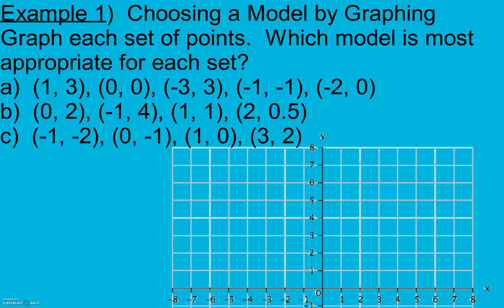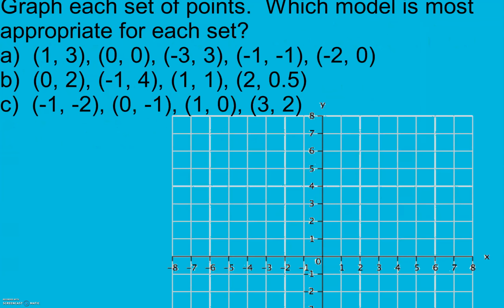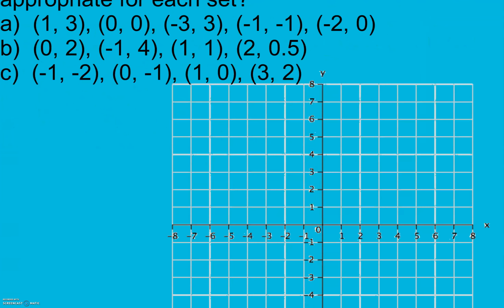In example 1, we're going to graph each set of points and figure out which model is most appropriate for the set. So, our first set, I have 1, 3. I have 0, 0. I have negative 3, 3. I have negative 1, negative 1.